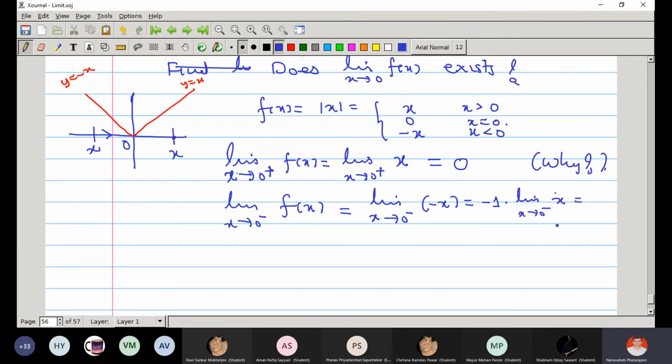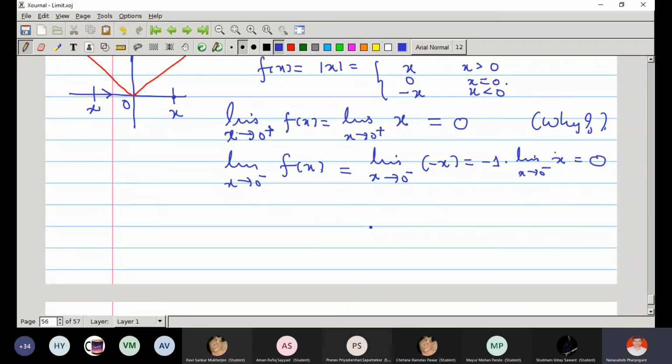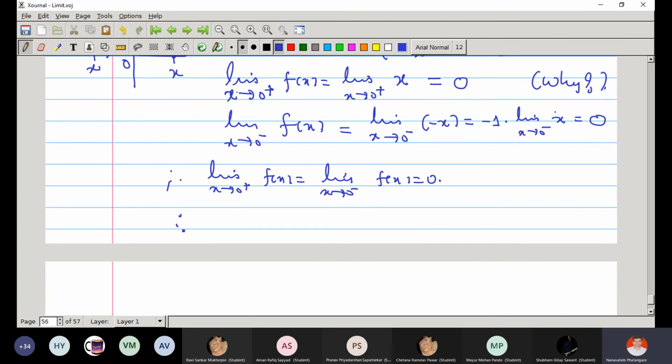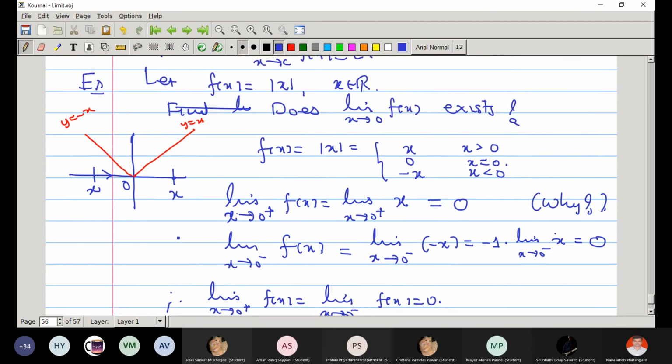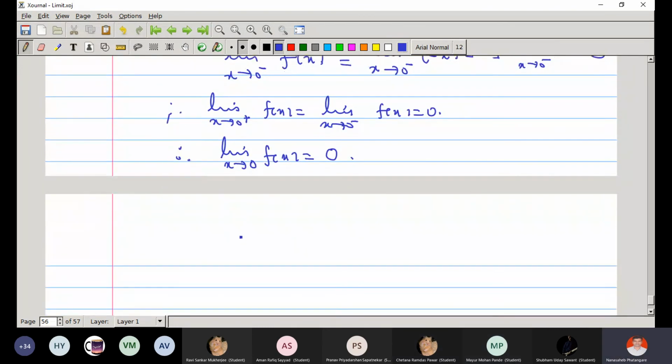And what is this limit? 0. Therefore, what is the conclusion? Limit x tends to 0 from the right side is the same as limit x tends to 0 from the left side, and it is 0. And by the previous theorem, can we conclude that the limit of f(x) at 0 is 0? Correct? Yes.